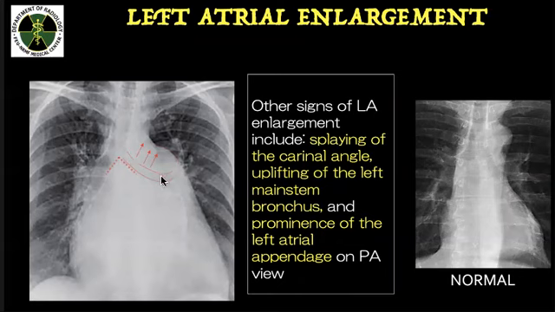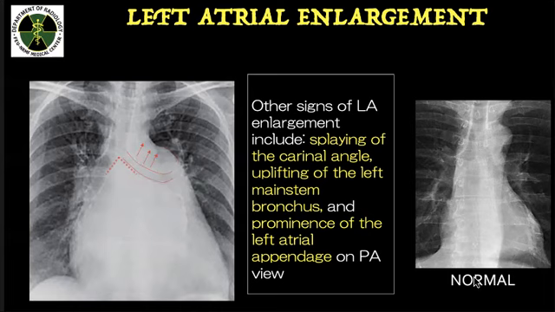That's the area of your carina. Uplifting of the left main stem bronchus, and prominence of the left atrial appendage on PA view. This is the area of your left atrial appendage. So this is a sign of your left atrial enlargement.